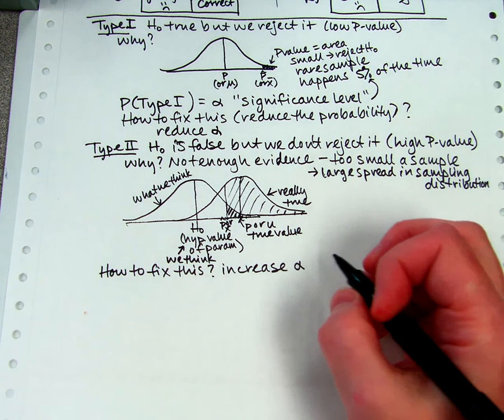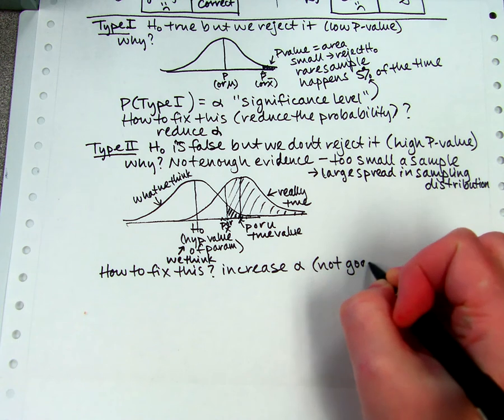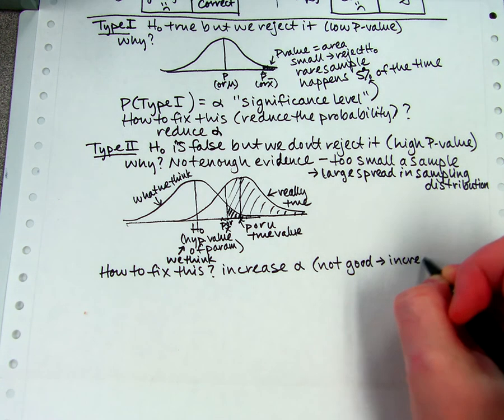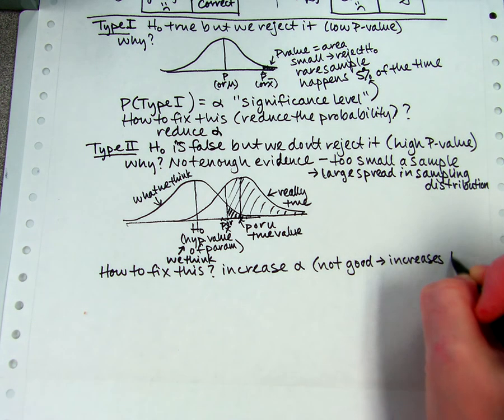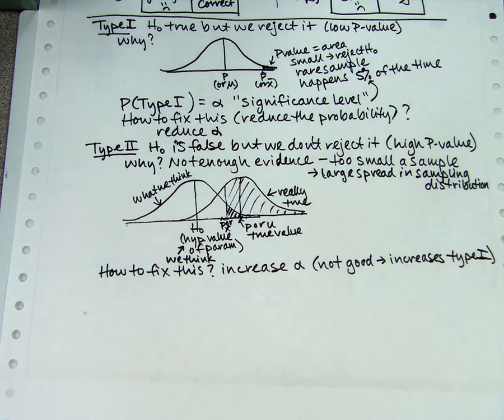The problem with that, this is not a good idea, by the way. The problem with that, although it's sometimes done, is it increases the probability of type 1. So you're sacrificing the innocent people in order to convict the guilty people more often. That's not so good.